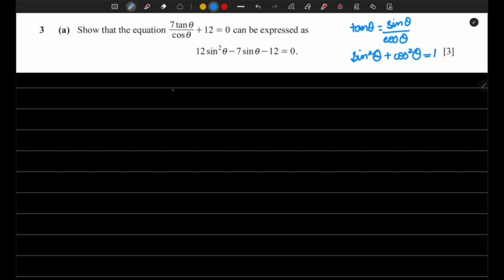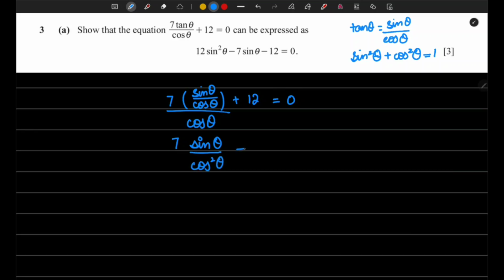Let's begin. 7 times tan theta, so I'm writing it as sine theta over cos theta, plus 12 equals 0. Also we have cos theta in the denominator. When we simplify it in one more step, it becomes 7 sine theta over cos square theta plus 12 equals 0.